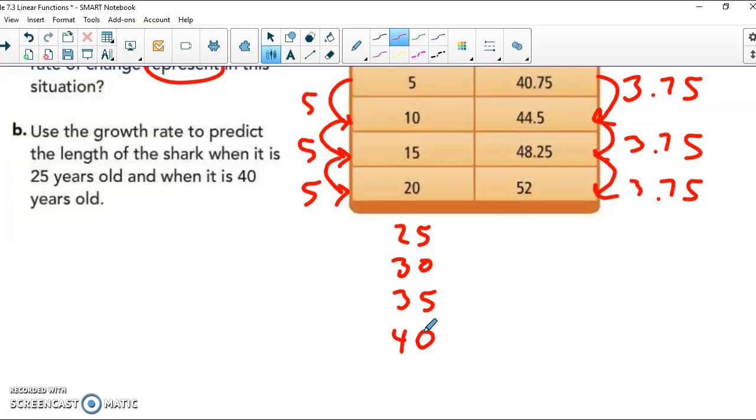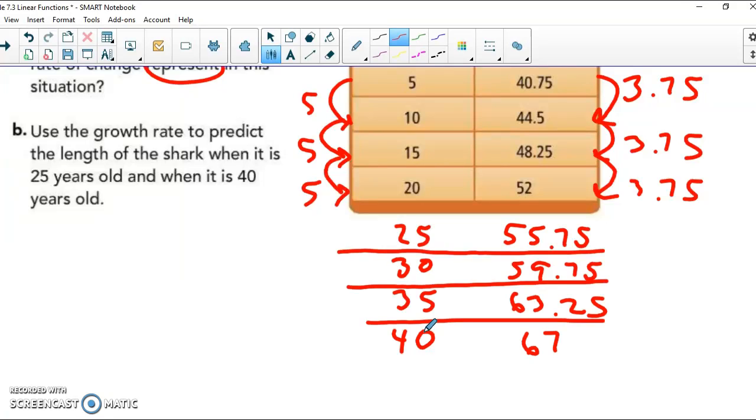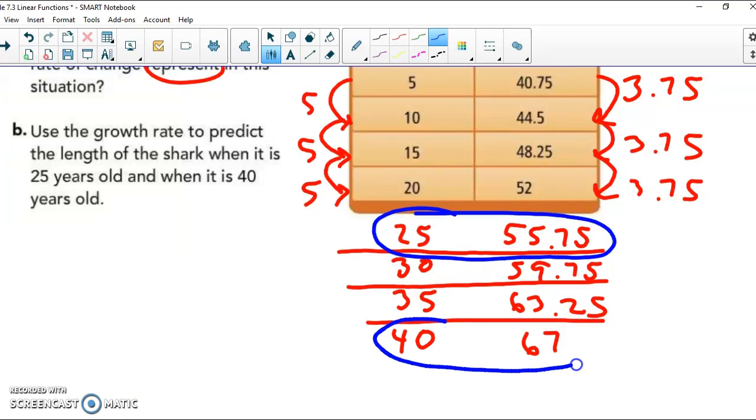So as I continue my table and extend my pattern, I can see that when this shark is 25 years old, it is going to have a length of 55 7/5 centimeters. And when it's 40 years old, its length I would predict to be 67 centimeters.